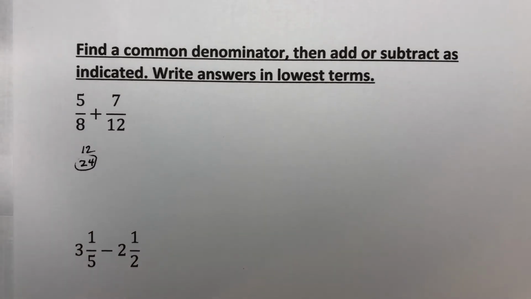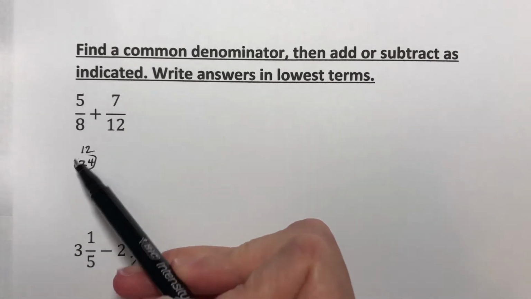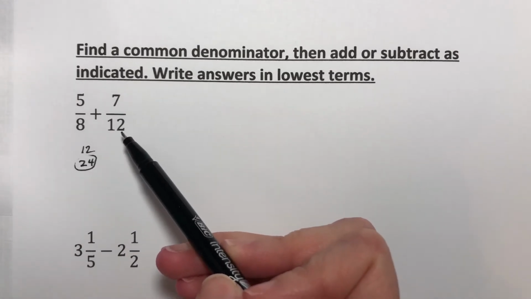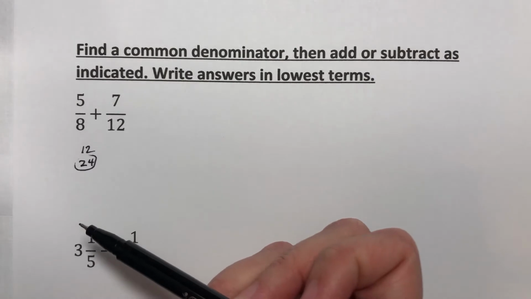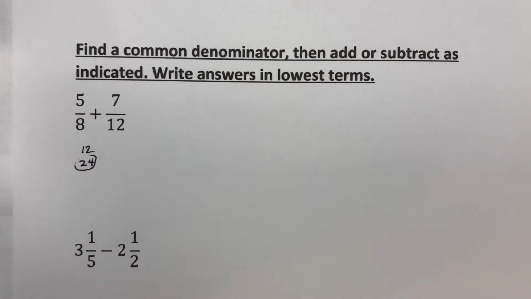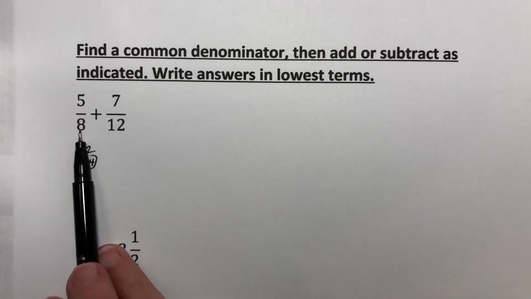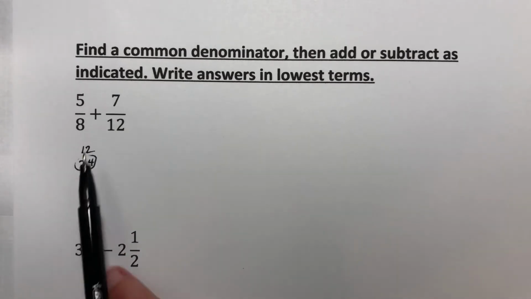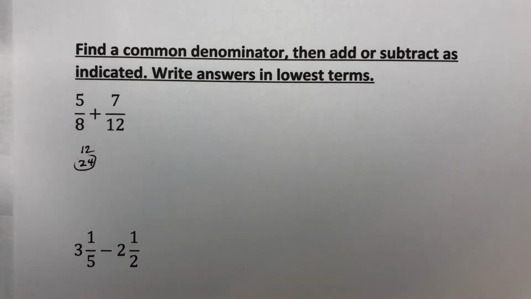Now imagine for a second that it didn't work. If 8 did not divide evenly into 24, my next step would be 12 times 3, and then I would see if it worked. And then 12 times 4, and then 12 times 5, and so on, until I find the first number that works. You could start with 8 and do 8 times 2 and see if it works, 8 times 3 and see if it works. You're just going to get your answer more quickly if you start off with your larger denominator. That's all.